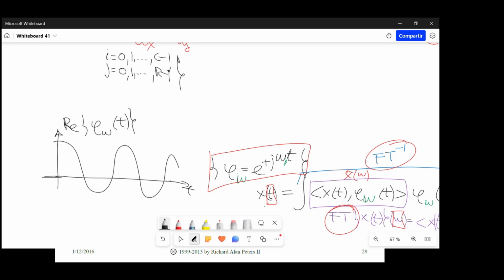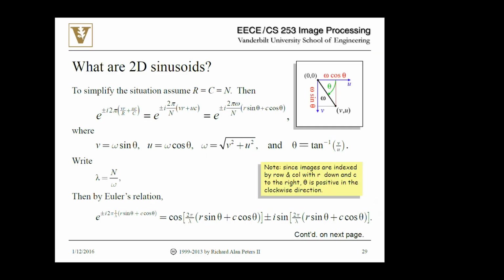Okay. So let's do the same, but now with images. So let's represent the real part of my complex valued wave. Okay, so this is my complex valued wave. So here u and v are the frequencies.